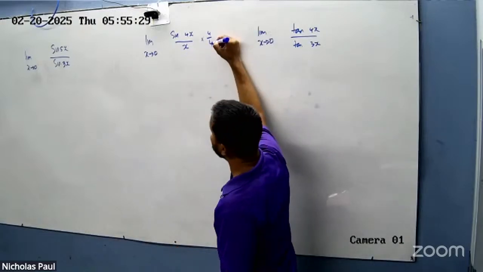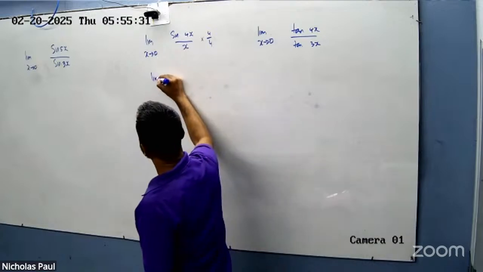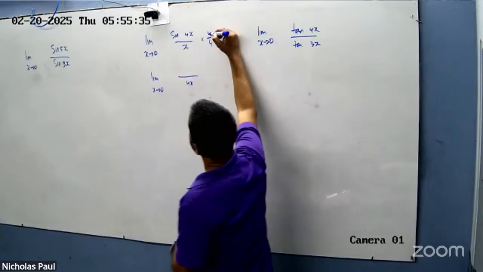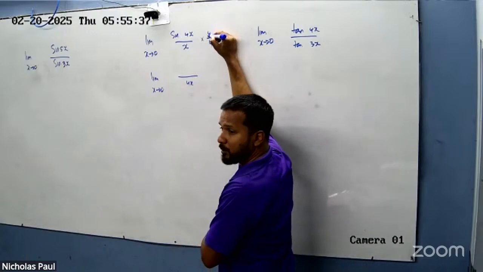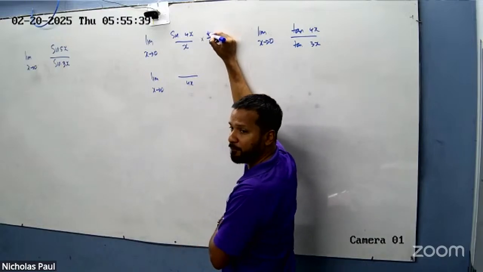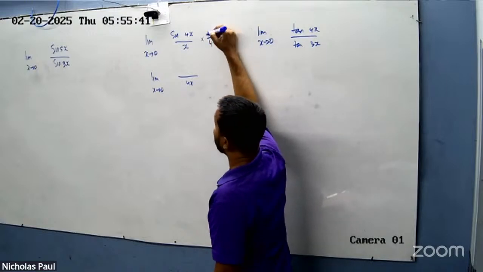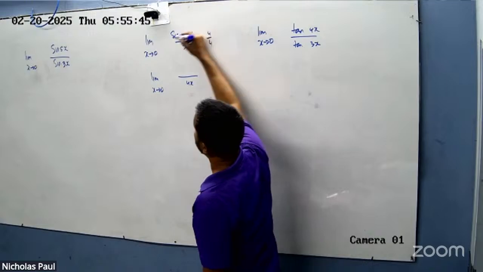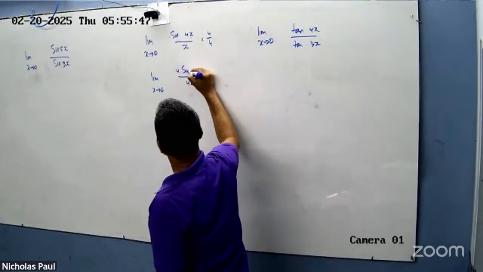So I could take this 4 and bring the 4 here. What do I do with this 4 here? Not in the angle, you can't do that to the angles. I said put the 4 here, so you get 4 sine 4x.